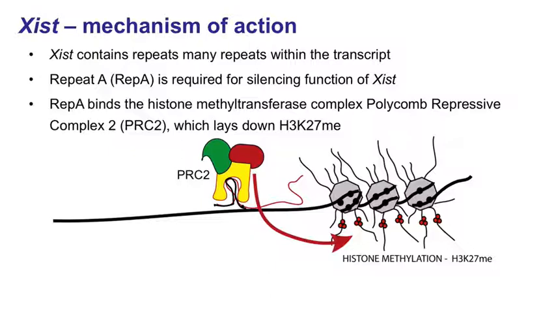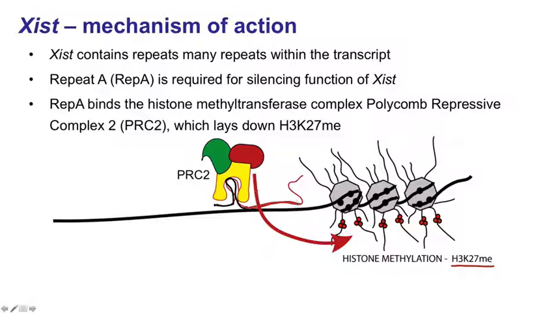You might remember from the earlier lectures, this is one of the examples of the histone methyltransferase complexes that I brought up. And it's the histone methyltransferase that has specificity for H3K27. So it lays down methylation of H3K27. So in this way, Xist is acting as a guide. It guides PRC2 and then uses the sequence specificity to be attracting to the X chromosome from which it's transcribed.